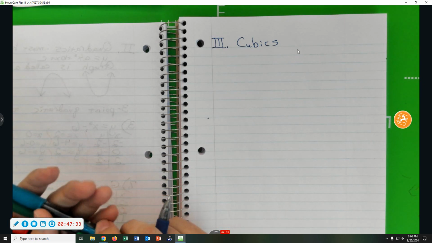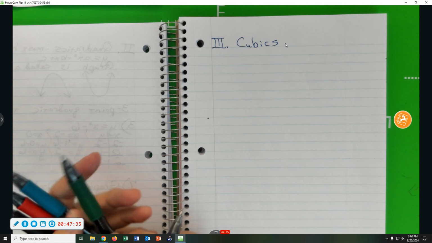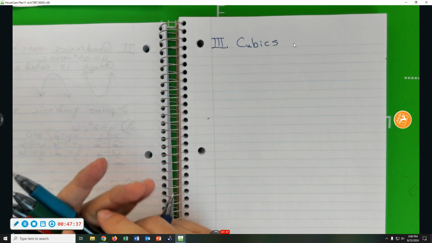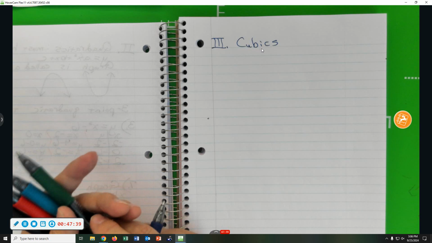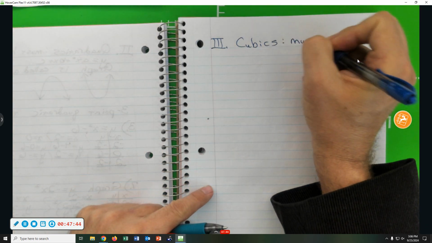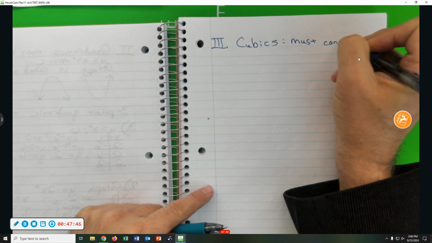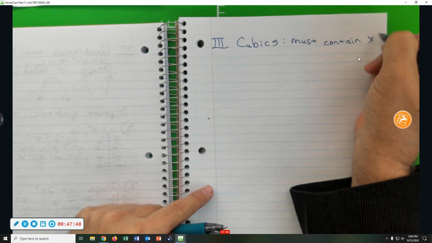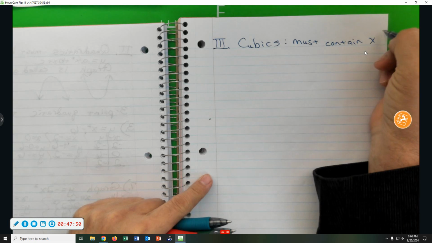Don't say it, Tony. What exponent do you think the equations have to have for them to be classified as a cubic? A 3. Yeah. It must contain x cubed.